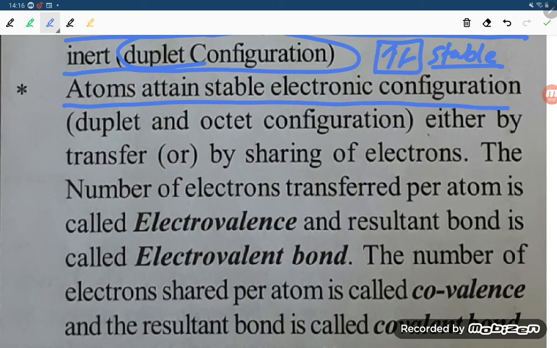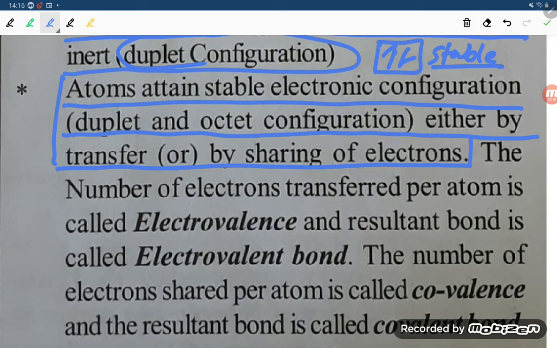Atoms attain a stable electronic configuration, doublet or octet, either by transfer or sharing of electrons. This is the point we have to understand: how they acquire the stable configuration, by transfer or by sharing of electrons.